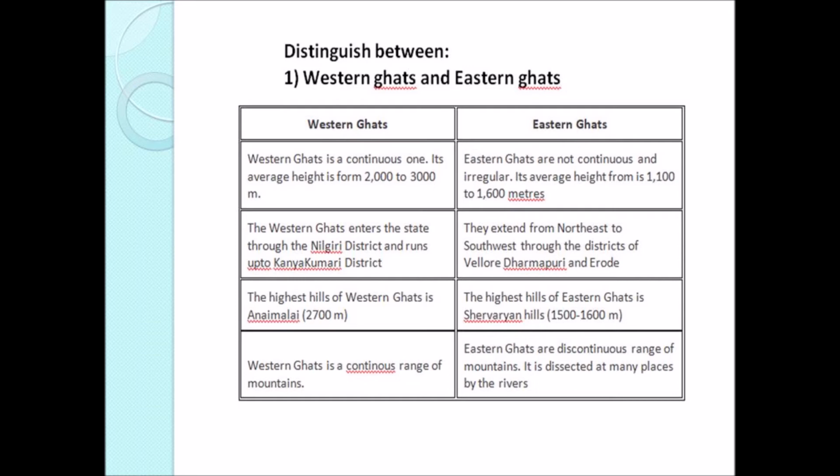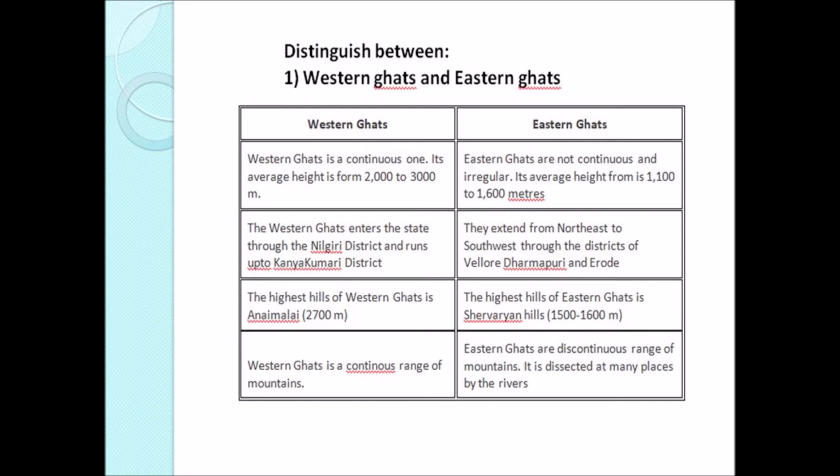1100 to 1600 meters. The Western Ghats enters the state through Nilgiri district and runs up to Kanyakumari district. These Eastern Ghats extend from northeast to southwest through the districts of Vellore, Dharmapuri, and Erode. The highest hill of the Western Ghats is Anamalai, and the highest hill of the Eastern Ghats is Shevaroy Hills.